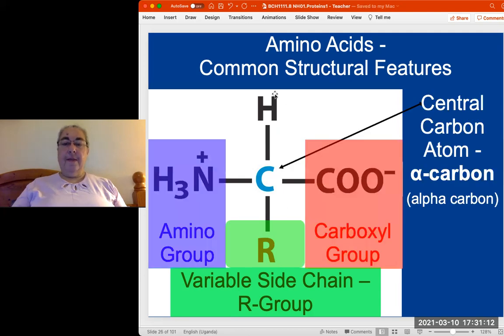Notice the hydrogen as well, I didn't label that particularly, but the 4th bond here is occupied by a hydrogen atom. So this is the basic structure of every amino acid, 4 groups arranged around a central carbon atom.